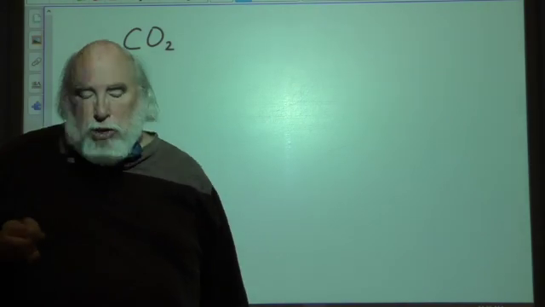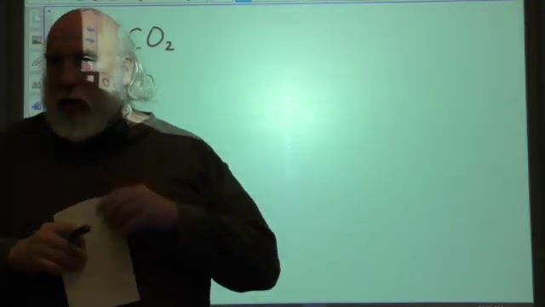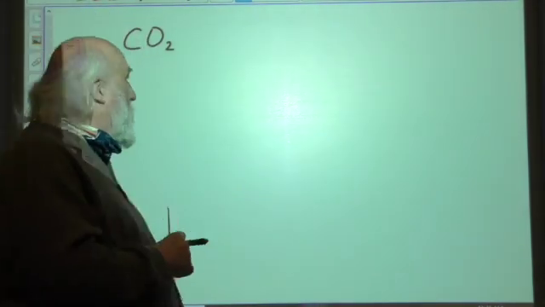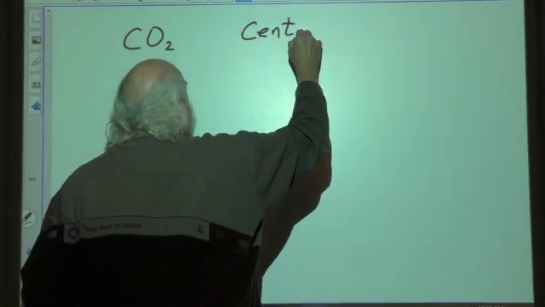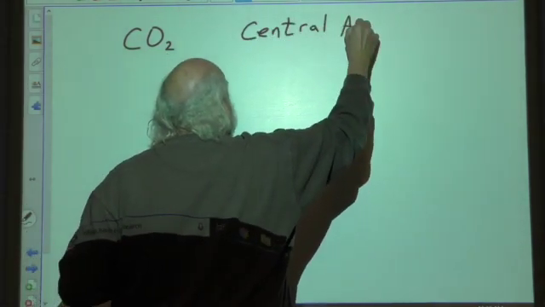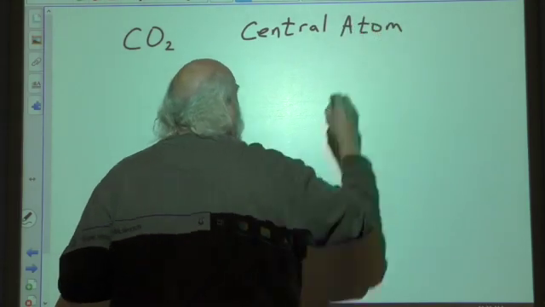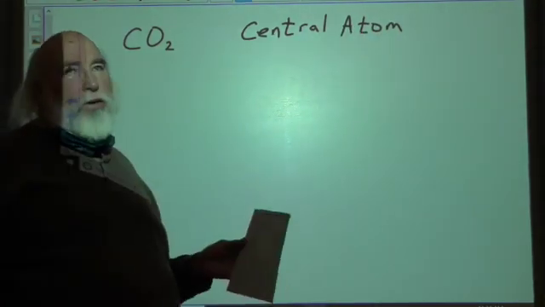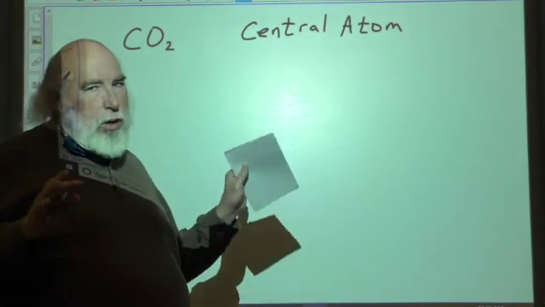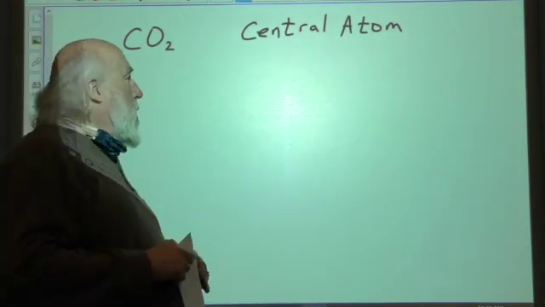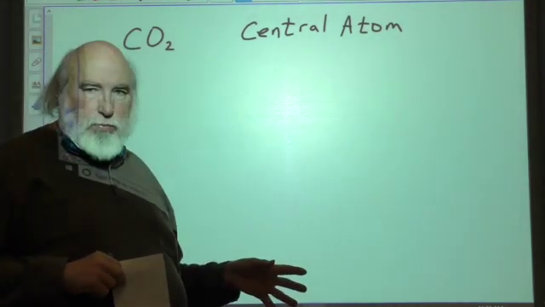Now, the key thing about any of these molecules is identifying what we call a central atom. In identifying a central atom, you're basically finding the atom in these simple covalent compounds which all the other atoms are going to bond to.